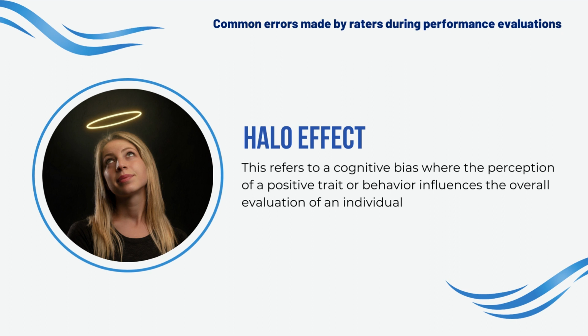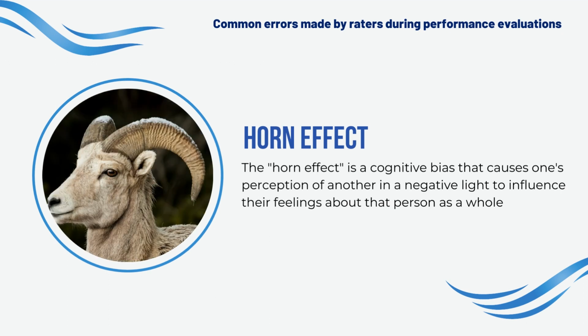Yan. Next, we have here the horn effect. It's a cognitive bias that causes one's perception of another in a negative light to influence their feelings about the person as a whole. So parang it's a direct opposite of the halo effect. While the halo effect focuses on positive traits influencing overall perception, the horn effect revolves around negative traits.